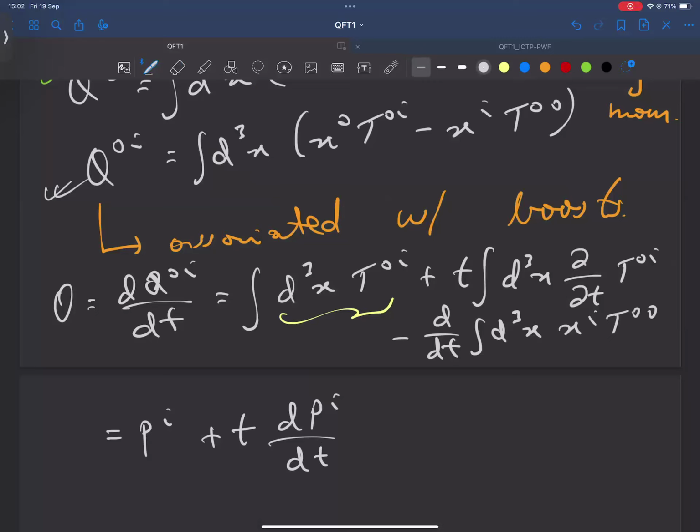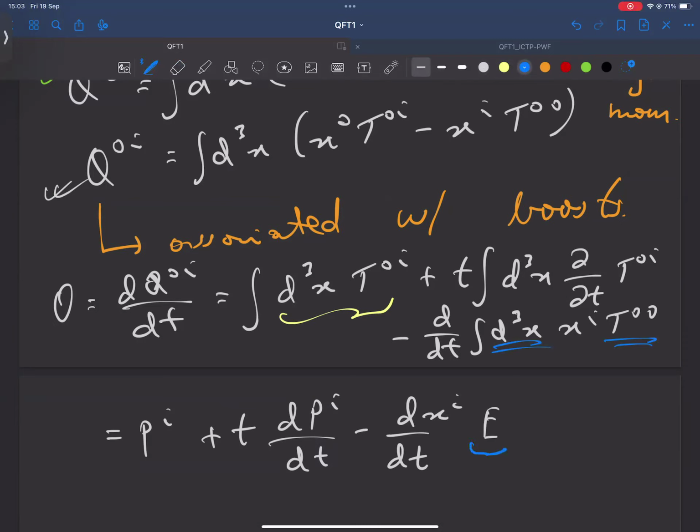And then we have this other quantity, which we can call x^i times the total energy. This and this we call the total energy when integrated over the spatial volume.